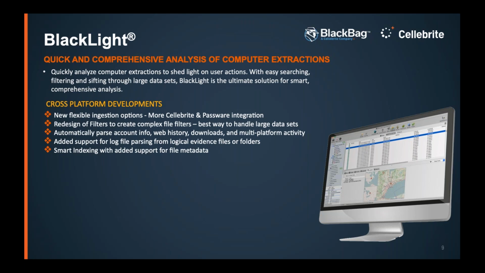Smart indexing came in last year, and this has been extended further to capture file metadata, which will now be indexed as part of Elasticsearch, a super fast way of dealing with the way in which we index files.